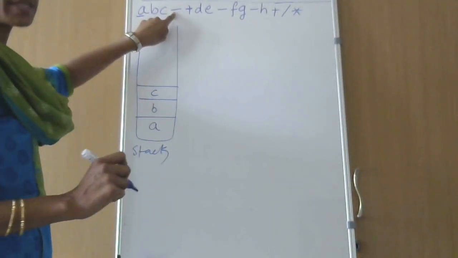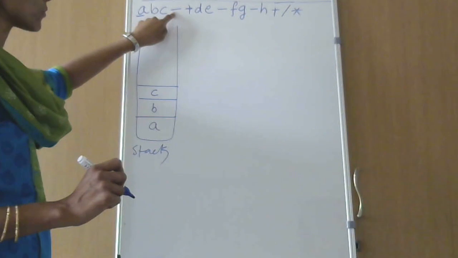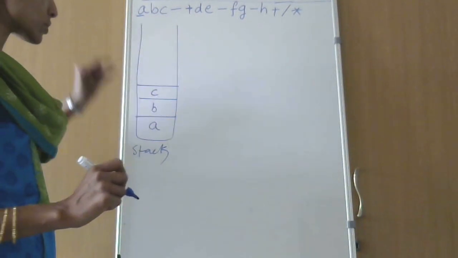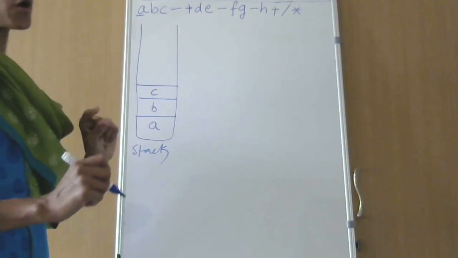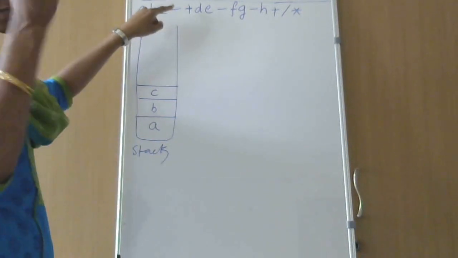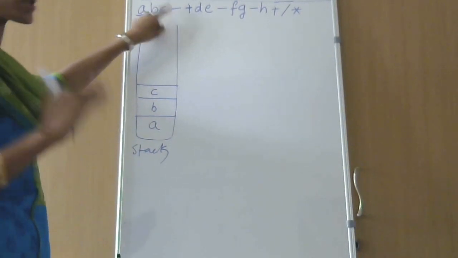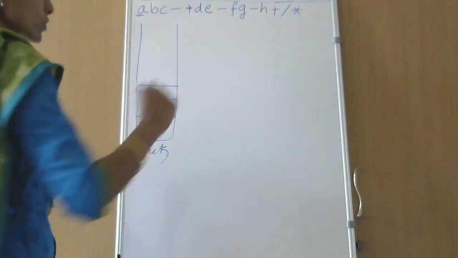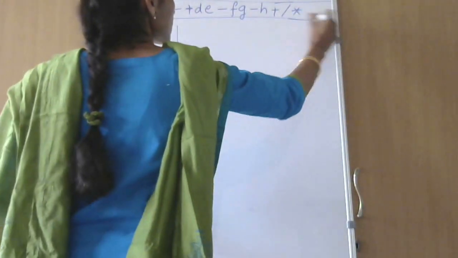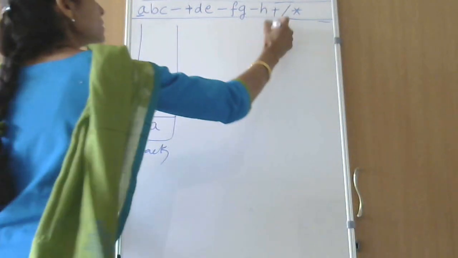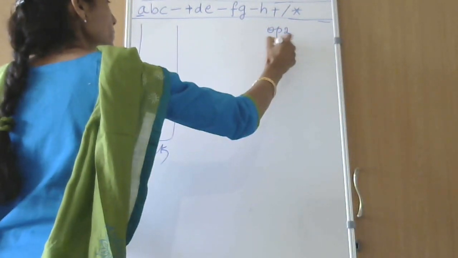Next you have minus. If you have minus, what you should do? The top two elements of the stack you should pop out, store them in variables, perform a minus operation on those two, and push the result into the stack. This is what we are going to do. Two variables I am calling OP2 and OP1.